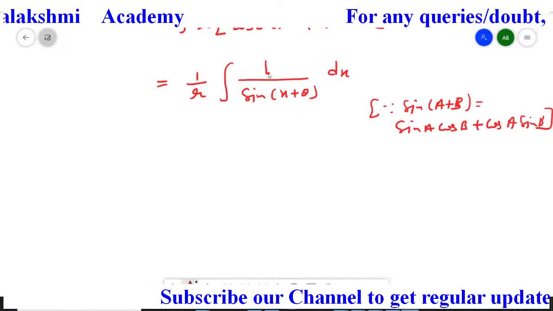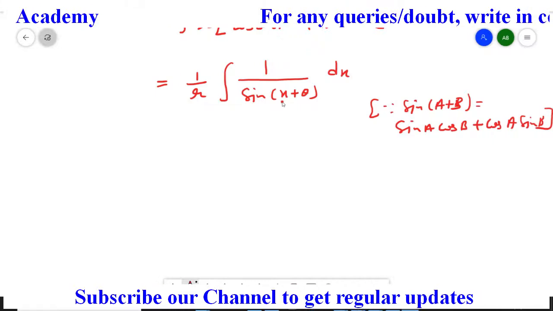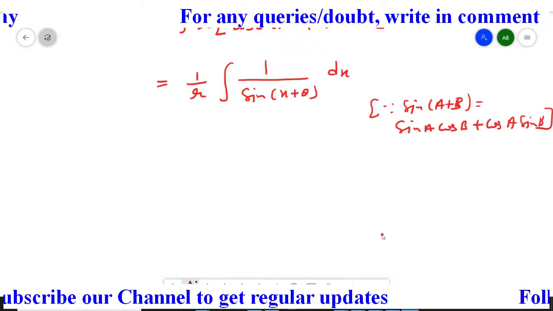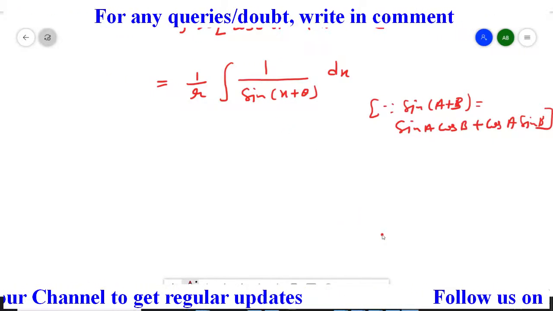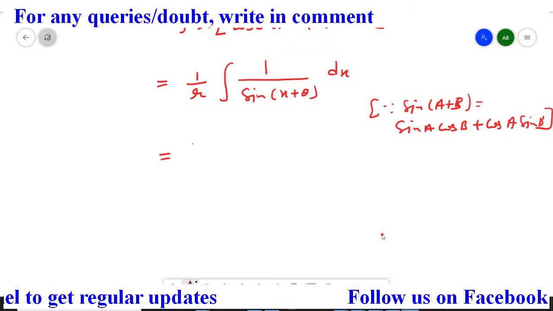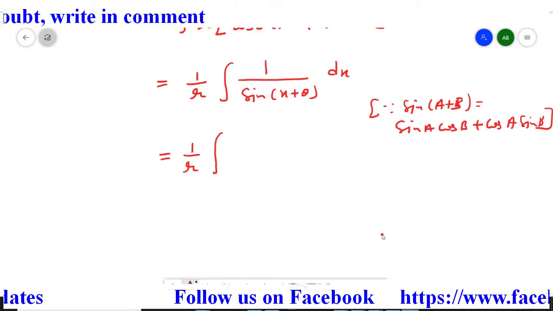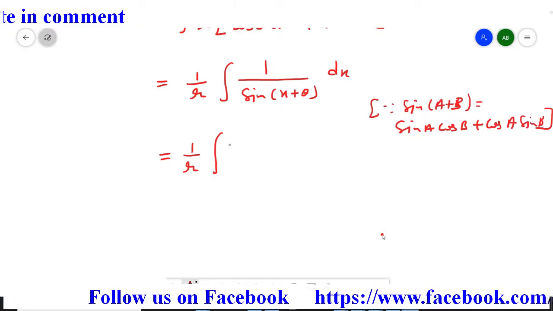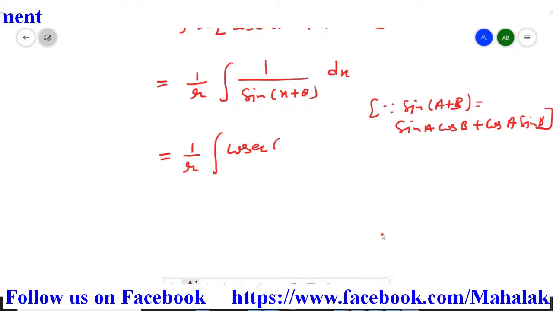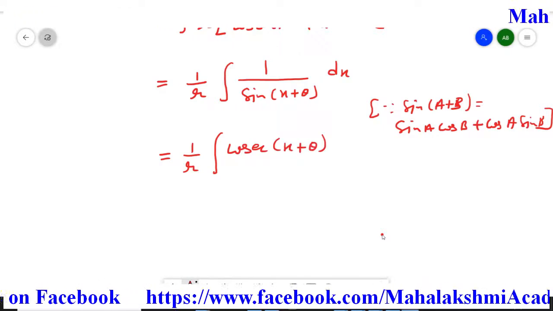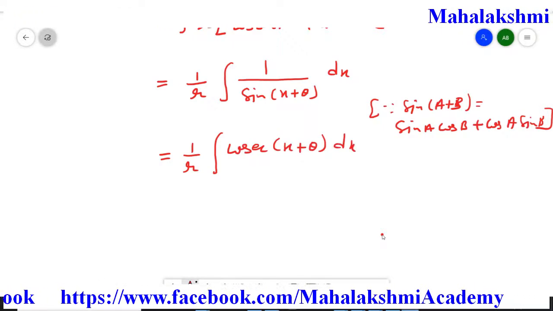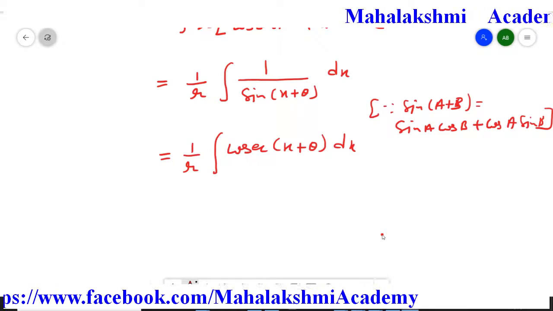So we got it again in a fraction, so we'll take its reciprocal, because we cannot integrate a fraction. That's why we have been trying for a long time to convert it into the numerator. So 1 upon r as it is, and when we convert into the numerator we have to take the reciprocal. So it's going to be cosec x plus theta and dx. Now we'll integrate it.